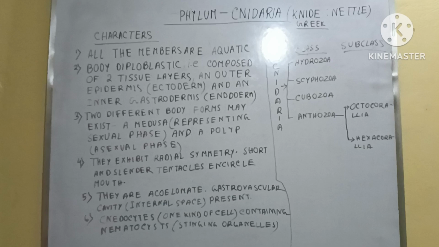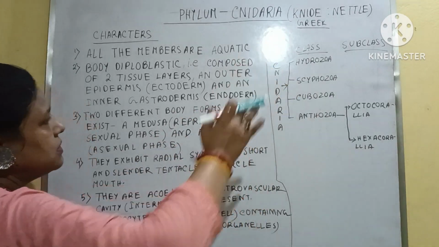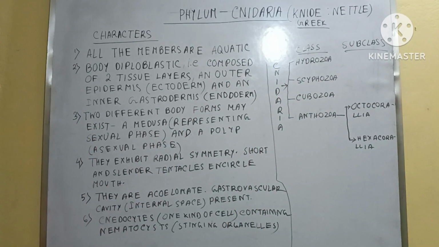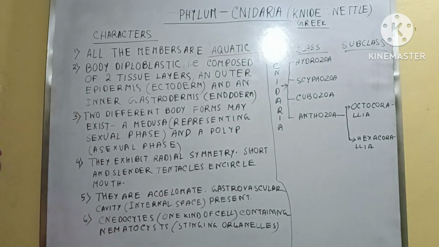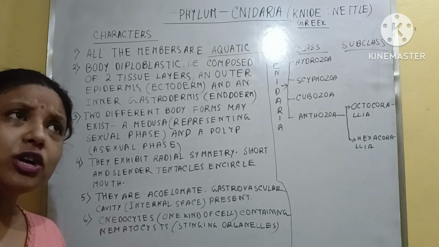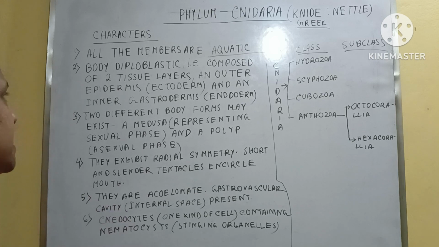Clear? So before going to the classification, first we have to learn about the characteristic features of phylum Cnidaria. These are actually aquatic, but a few of them remain in the marine environment. Their body is composed of two tissue layers.